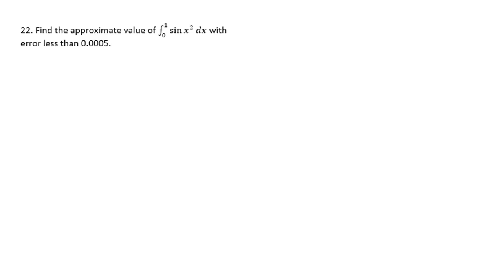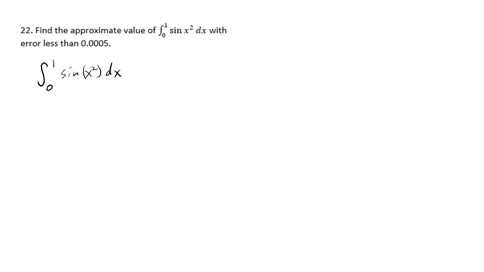Okay. Now, let's actually get to use that. When you try to approximate the value of the integral of sine x squared, you find that this is impossible to calculate because the antiderivative does not exist. You can't integrate this using u substitution or integration by parts or any method that you know.